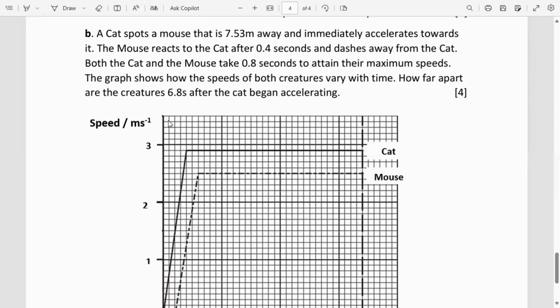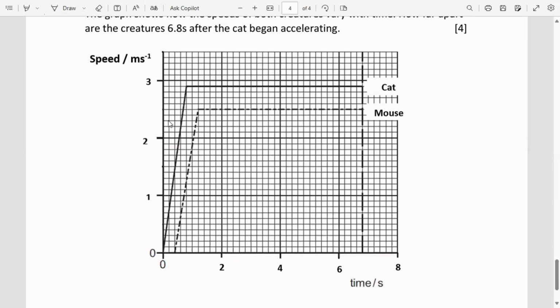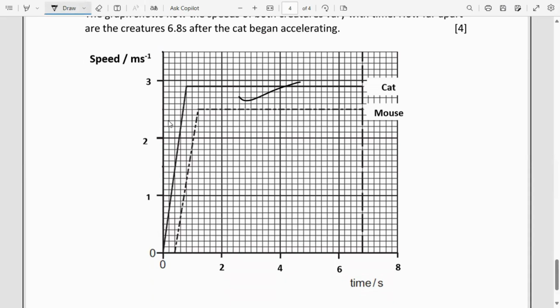So how are we going to find the distance between these two animals after running 6.8 seconds after the cat had started running? They've already given us the diagrams here, the velocity time graph for both these two animals. So we have the one for the cat, which is this one here, the bigger one, and we have one for the mouse, which is this one, the smaller one.